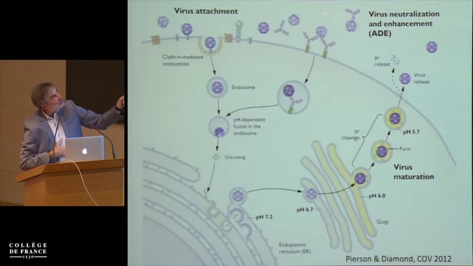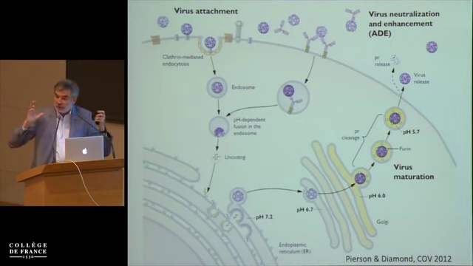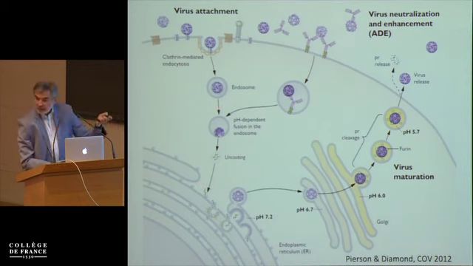And when just one antibody is bound, this will get incorporated into the endosome, and the virus will fuse from the opposite side. So the stoichiometry is not enough to obtain neutralization. And this is the mechanism by which we think the infection is enhanced.